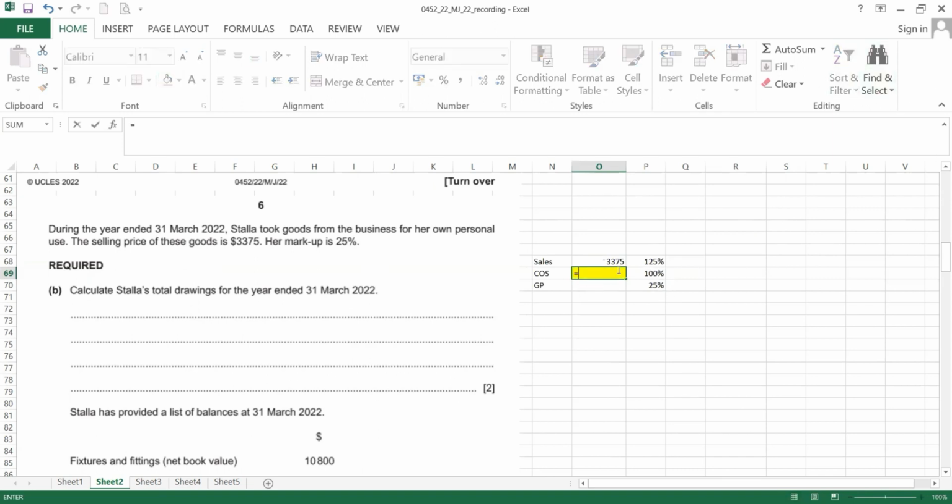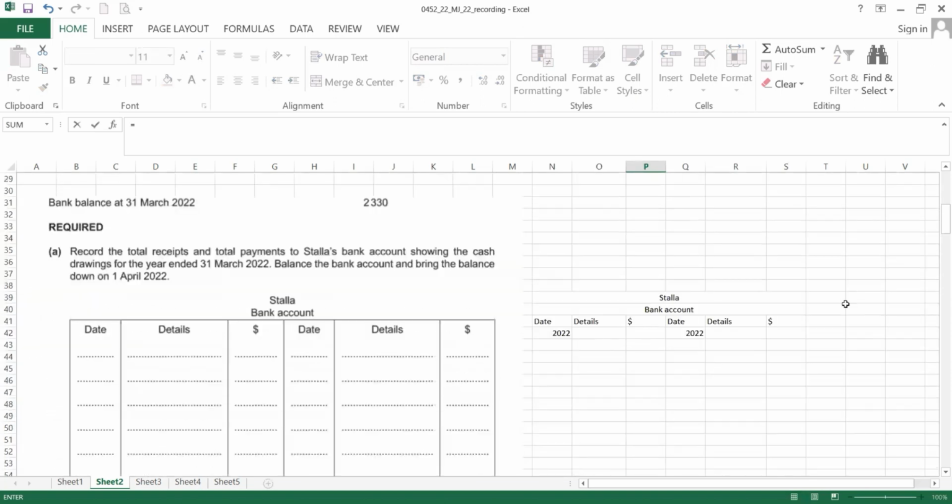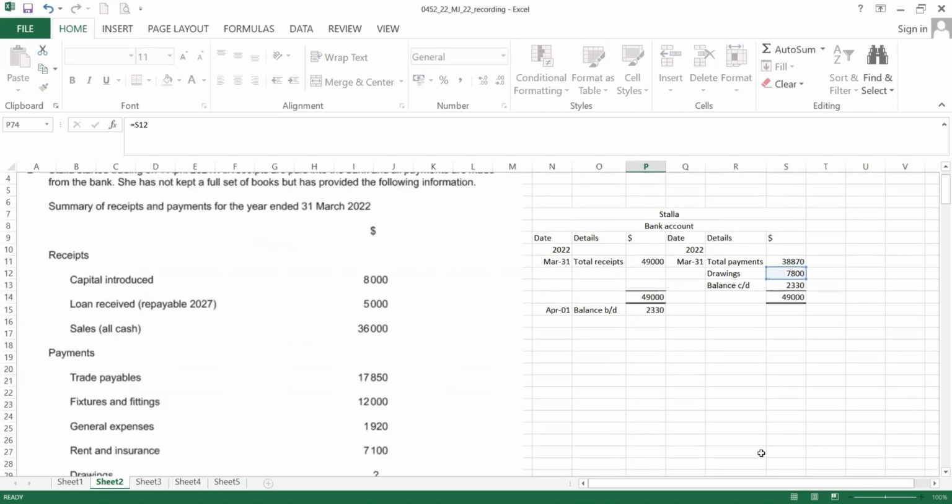So we need to find the cost. How are we going to find the cost? We take this, divide by this, times 100%. So we get the cost is 270. So the total drawing will be goods taken, which we calculated is this one, 2007, and then cash taken from the bank account that we calculated, 7,008.